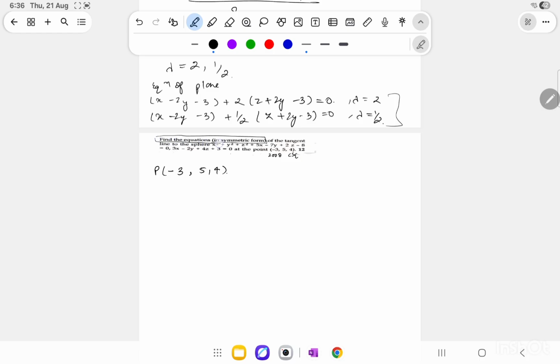So it is a tangent line, not a tangent plane. We are supposed to find the equation of the line which is tangent to the given sphere and passes through this point.